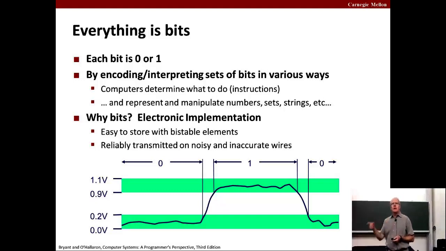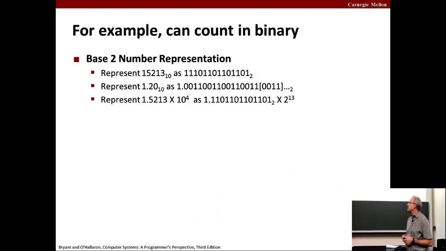And if there's noise or imperfections in the circuit or anything going on, as long as that doesn't exceed these thresholds you've set up, then you'll get a nice clean signal out of it. And that's the main advantage of digital processing over analog processing. That's at the core why everything we do, and especially for storing information, it turns out it's much easier to store one bit of information or a digital value than it is to store an analog value.